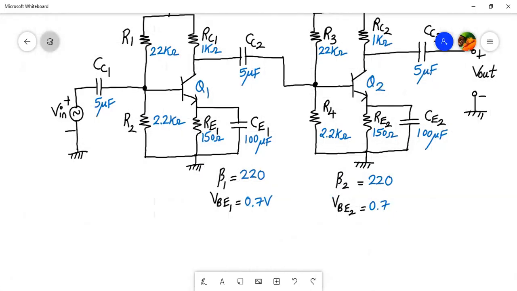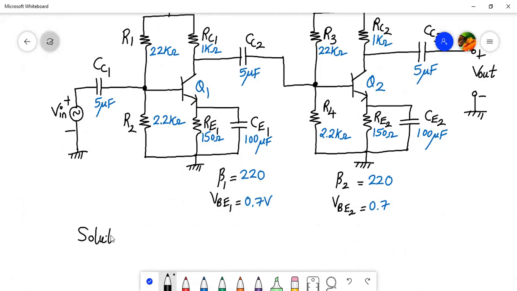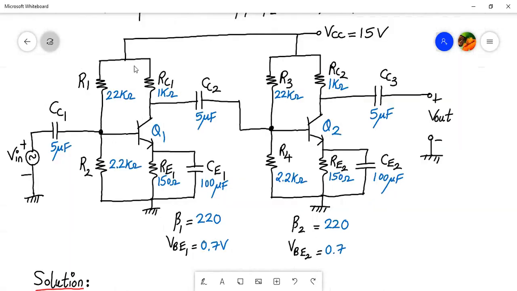One thing, if you notice carefully, both the stages are symmetric. If you look carefully into the parameters, R1, R2, R3, R4 are the same. RC1 and RC2 values are the same. RE1 and RE2 values are the same.